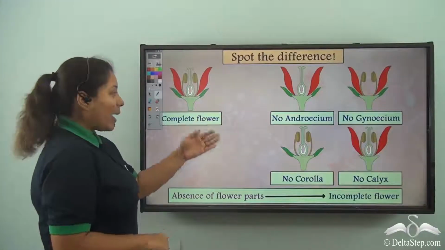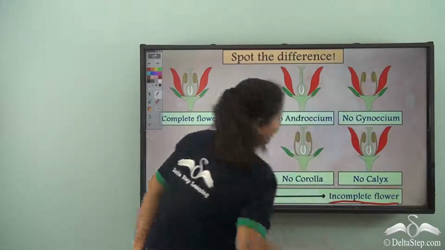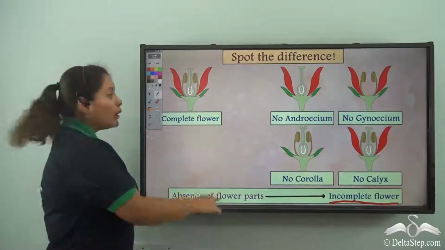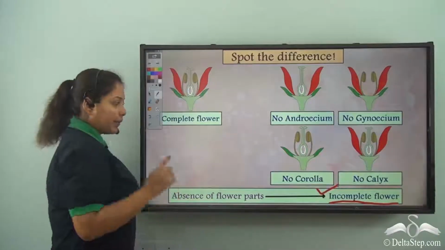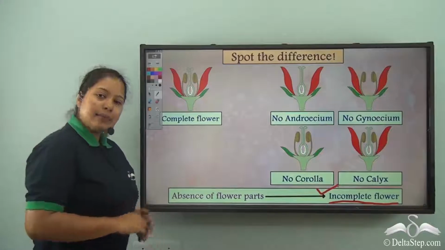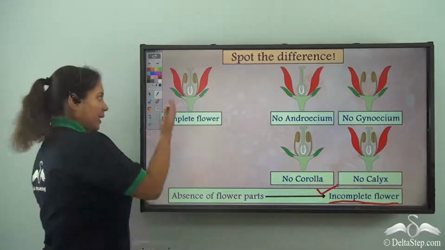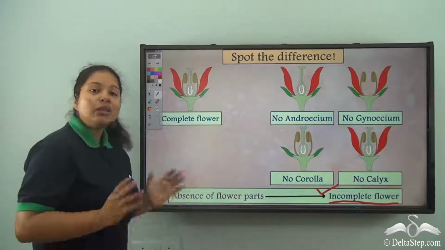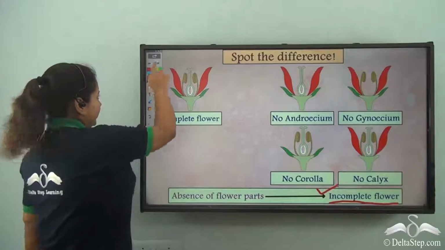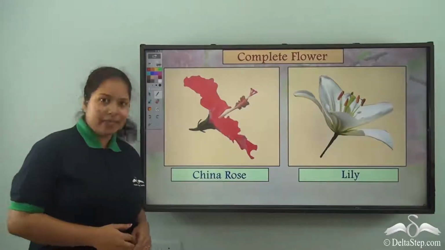So absence of flower parts is known as incomplete flower. So all of these flowers are incomplete flowers because one whorl is missing. So these are incomplete flowers, whereas this one is a complete flower because it has all the four whorls. So what are the examples of complete flower?